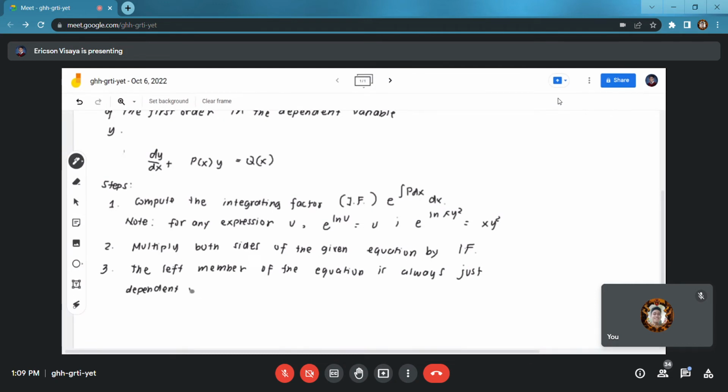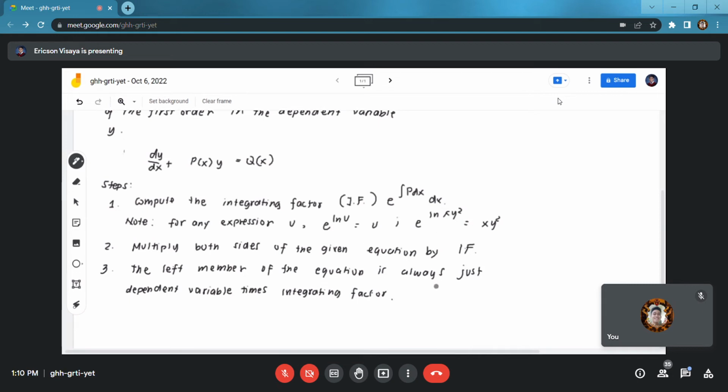So, para sa ating equation ngayon, dependent variable natin is y. Alam niyo naman kung ano yung dependent variable natin. By the integrating factor, ay times dependent variable times integrating factor. Same as true sa ating right-hand side natin.